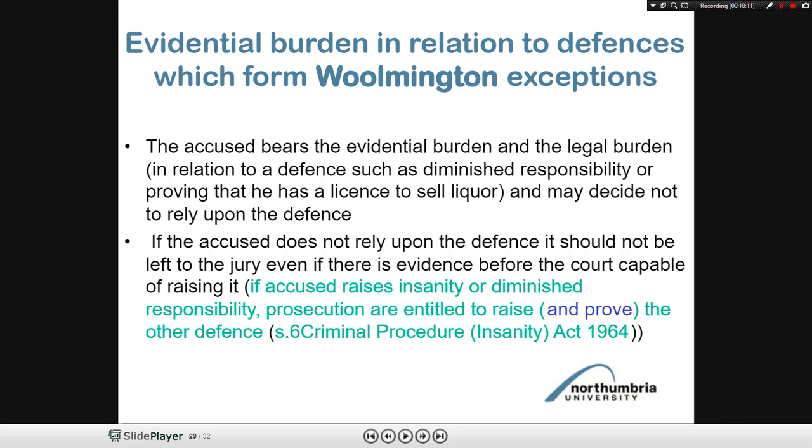If the accused does not rely upon the defense, it should not be left to the jury, even if there is evidence before the court capable of raising it. If the accused raises provocation or diminished responsibility, the prosecution is entitled to raise and prove the other defenses.